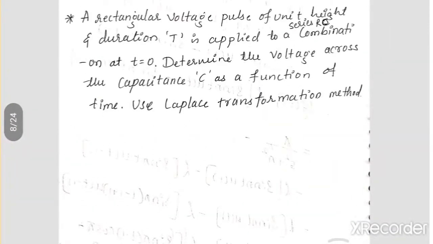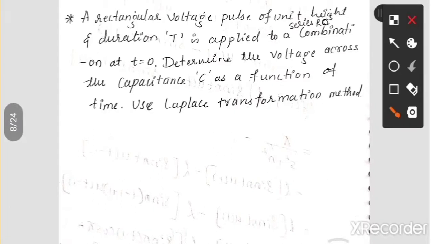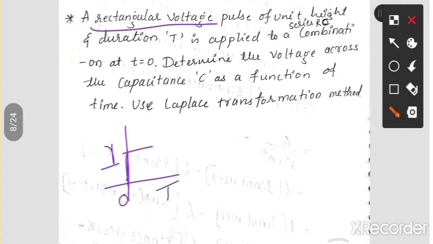So we'll consider another numerical. Read properly. A rectangular voltage pulse. Okay, there is a rectangular voltage pulse of a unit height, means its height is unit. Okay, unit height, and duration is t. Then it means it is from 0 to t.